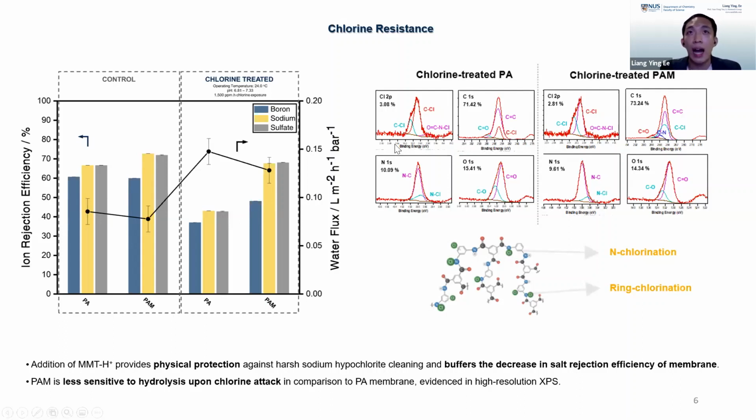Furthermore, the higher intensity of the C-Cl peak may indicate a higher rate of N-chlorination that can result in irreversible Orton rearrangement. If we look at the chlorine-treated PA membrane incorporated with MMTH+, less extensive chlorination is observed, and hence we can observe less effect of the chlorine attack on the desalination performance.